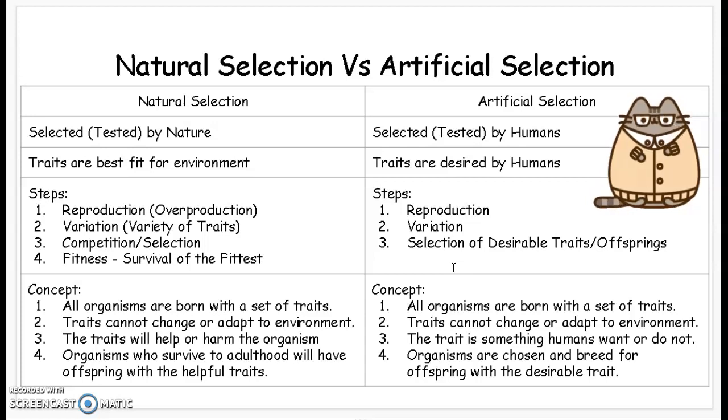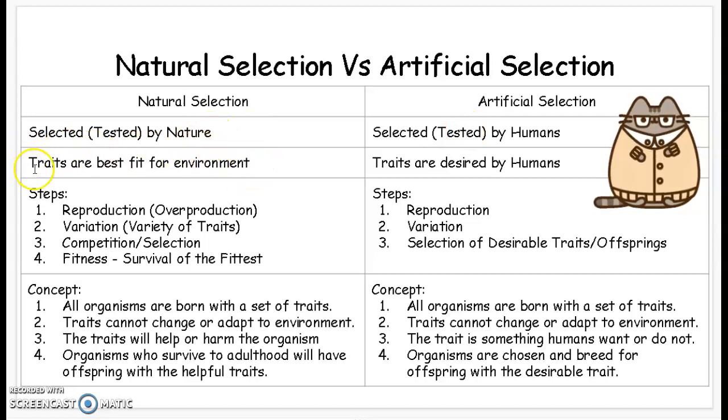Natural selection: the word natural means selected, tested by nature. Nature decides, live or die. Can you survive here? Artificial selection: humans are the selectors. We choose. We're not really testing, but selecting is a type of test.